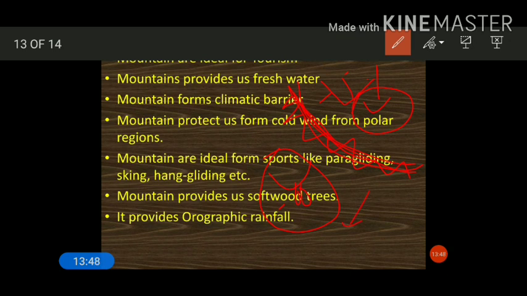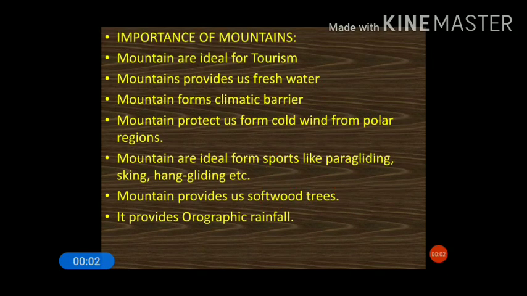In the next point, mountains are ideal for sports like paragliding, skiing, hang gliding, even bungee jumping. So there are different kinds of sports that can be played in the mountainous areas. Now the next point is that mountains provide us softwood varieties of trees.